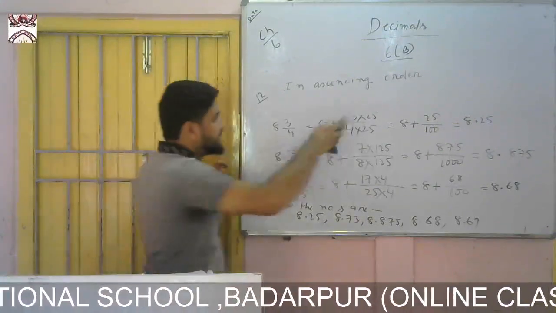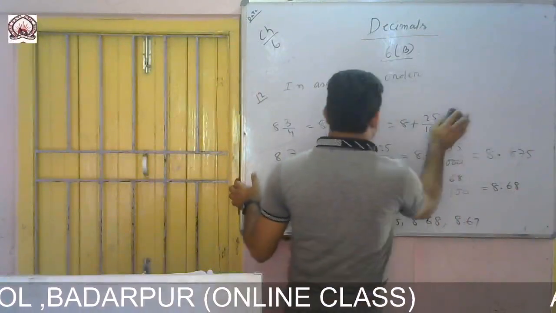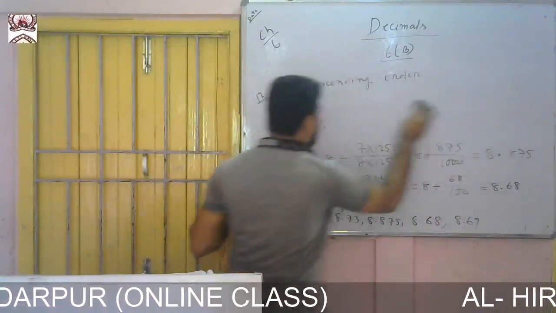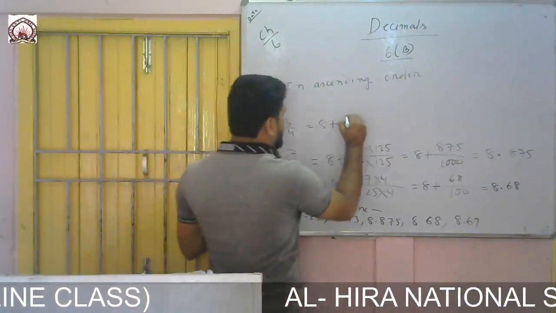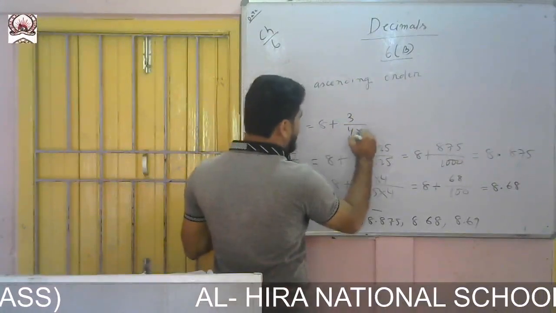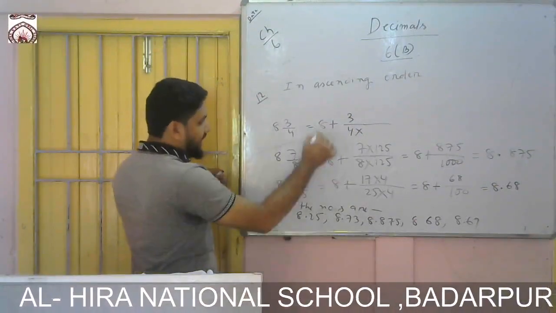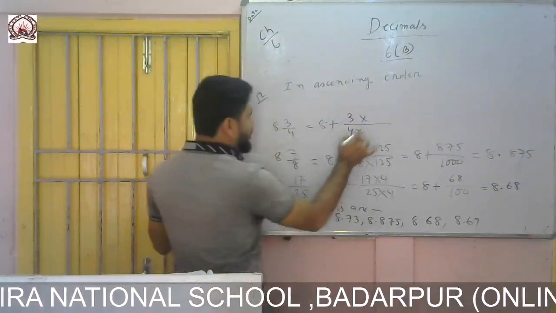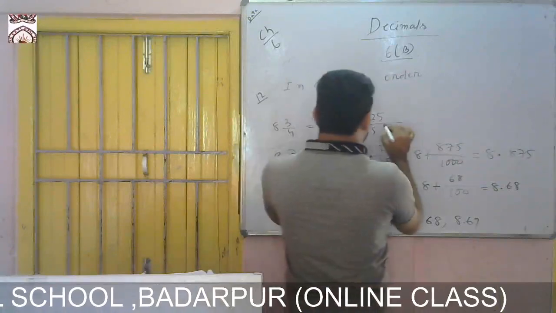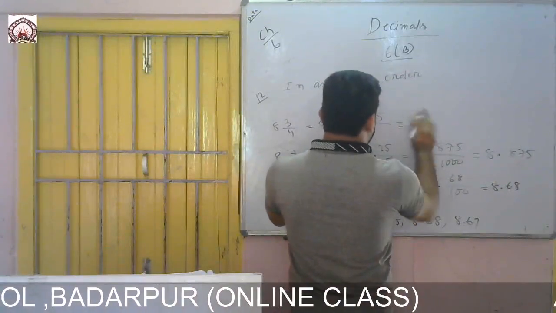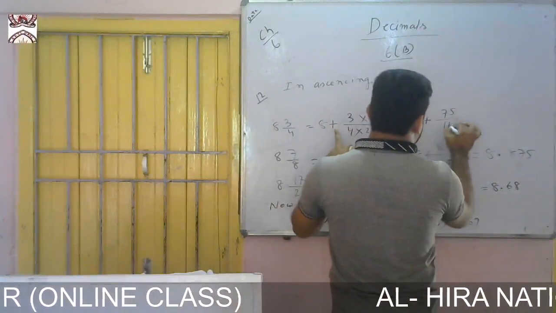Yes, one thing I made wrong here, you see. You write this one again. 8 plus 3 by 4, it will be 25 here. If I write 25 here, then 25 3s are 75. That one I made wrong. So 8 plus 75 by 100.